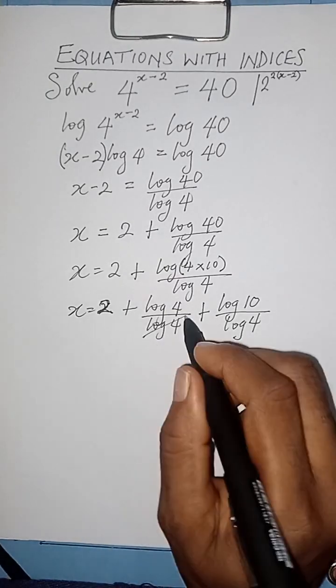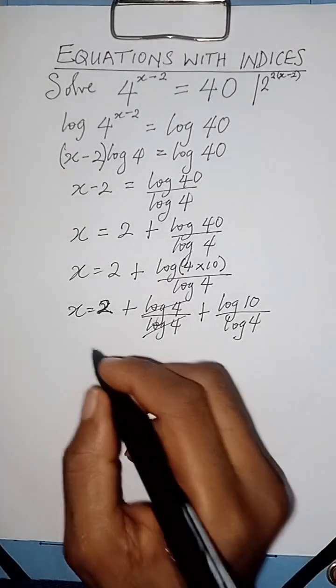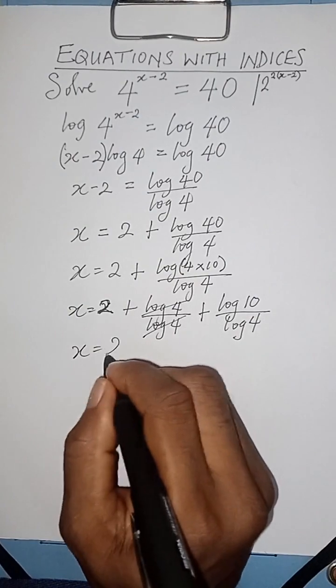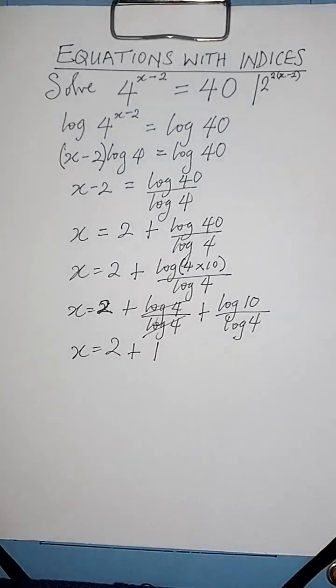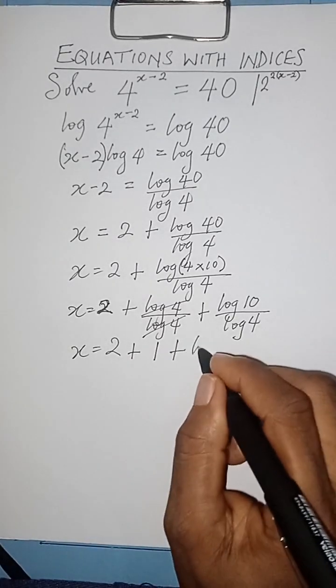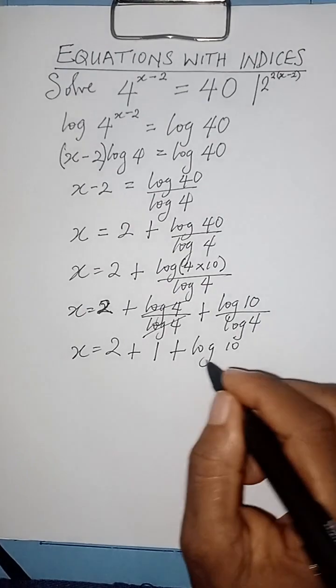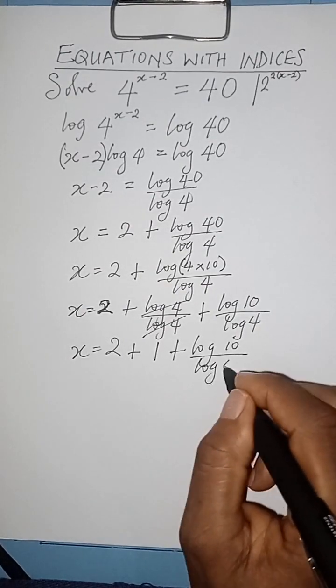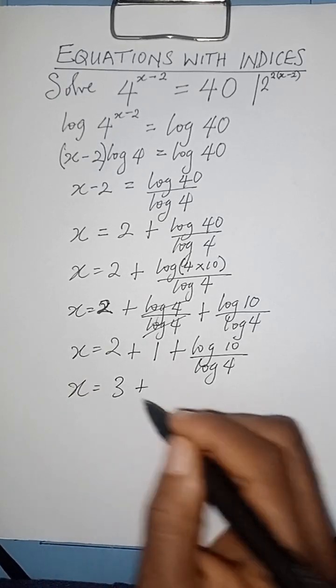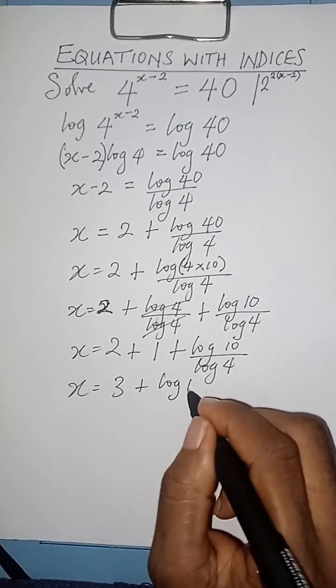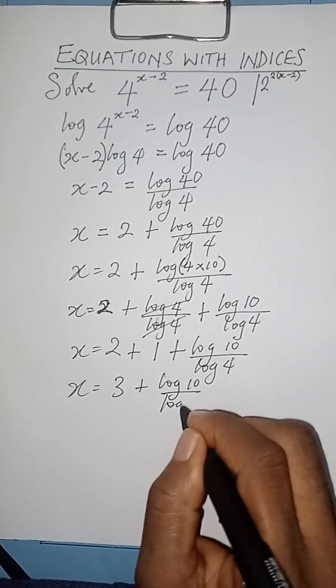Now with this, you can cancel out, and when you do, your x is 2 plus 1 plus log 10 divide log 4, which gives you 3 plus log 10 divide log 4.